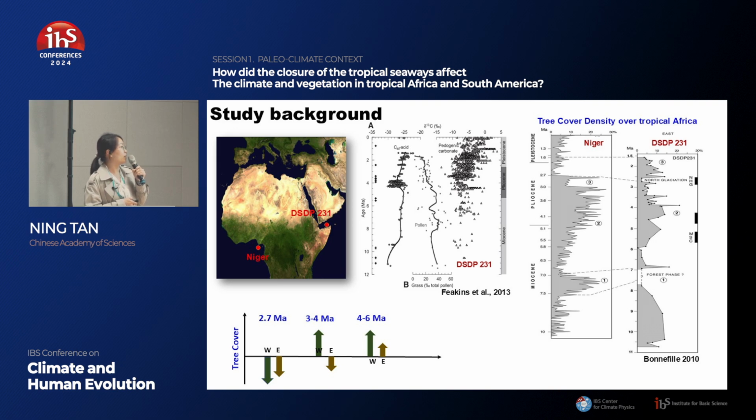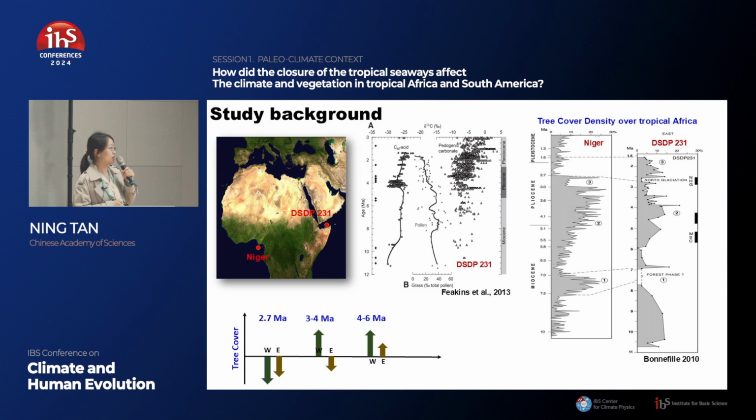intermittently. And by comparing the East and West records, Bonnefille found fluctuations of tree cover for these two areas, and summarized some in-phase and out-of-phase changes. For example, during 4 to 6 million years ago, both West and East Africa increased simultaneously in tree cover density.